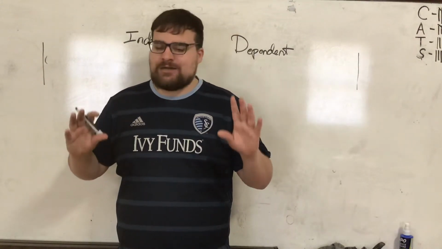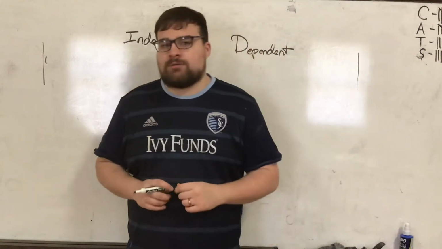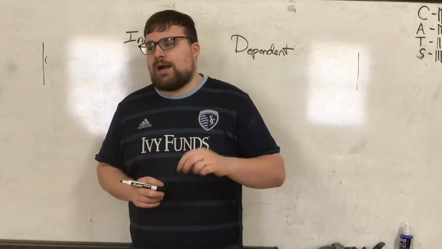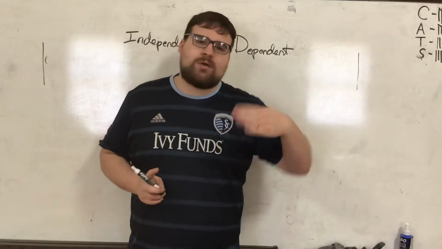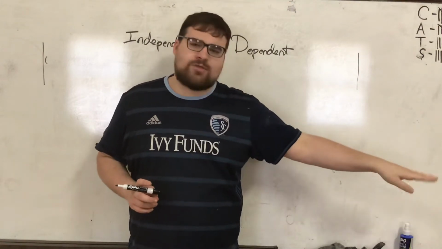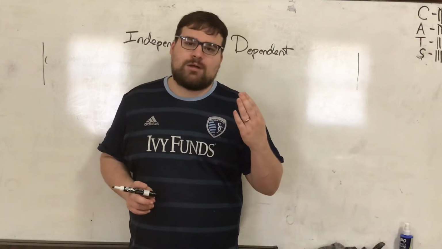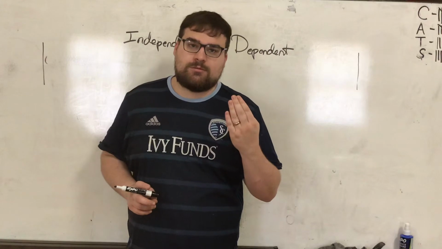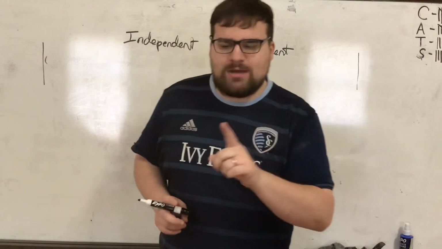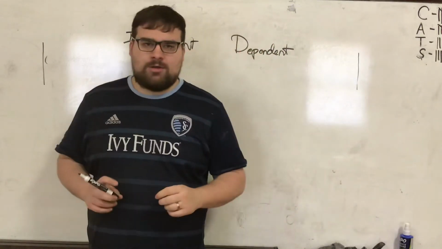They are entirely separate. But what about the scenario of saying, I want to draw an ace from a deck of cards. I'm going to put that card over there. And then I'm going to draw another ace. Well, think about it. Do those two have anything to do with each other? Absolutely.